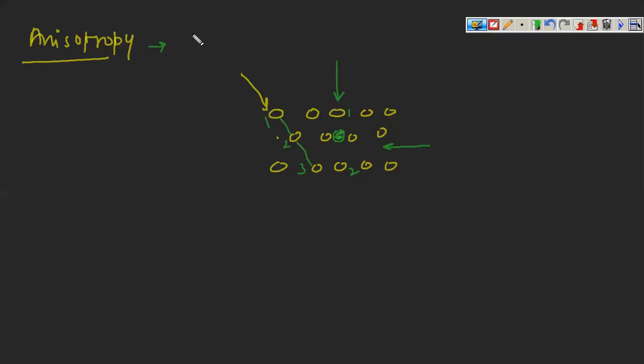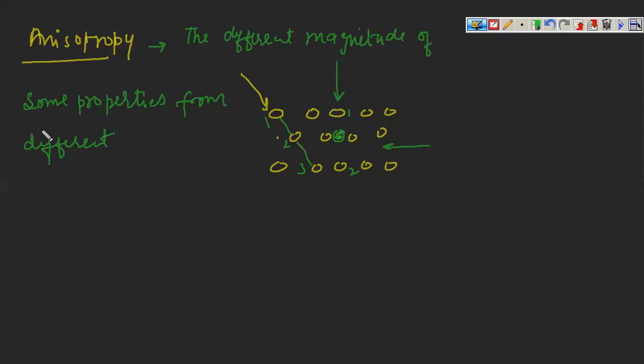So how will you define anisotropy? If you change the angle, the different magnitude of some properties from a different angle is called anisotropy.